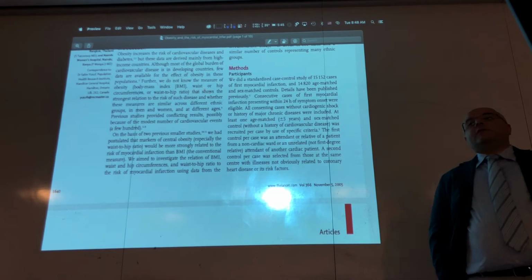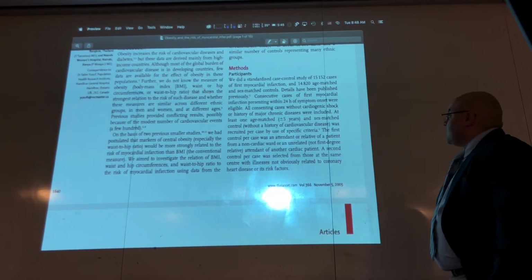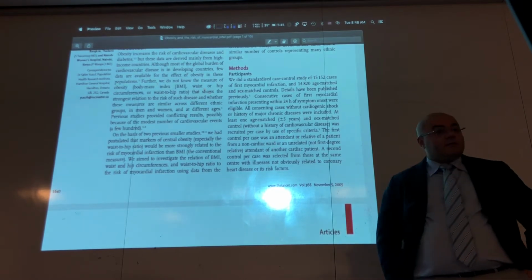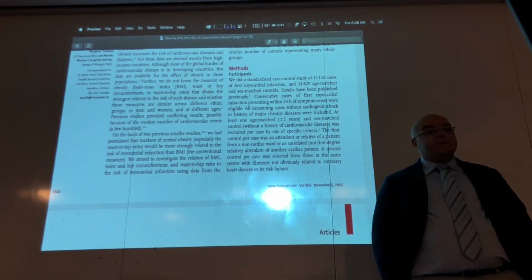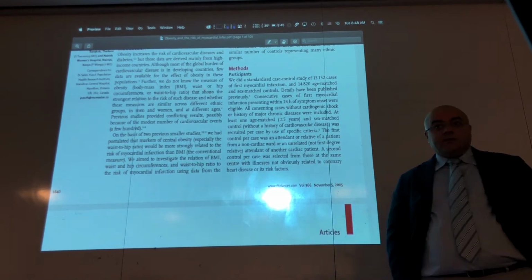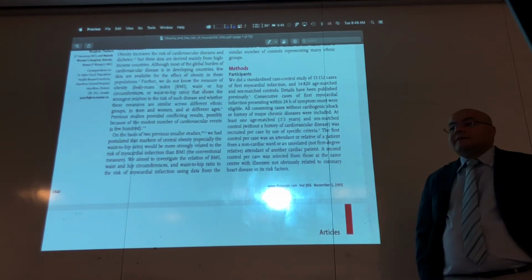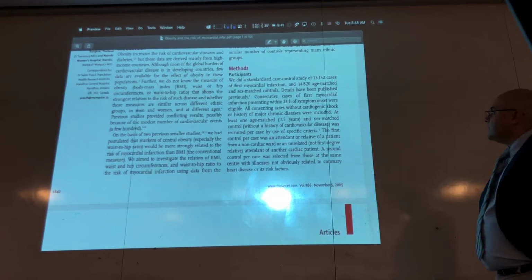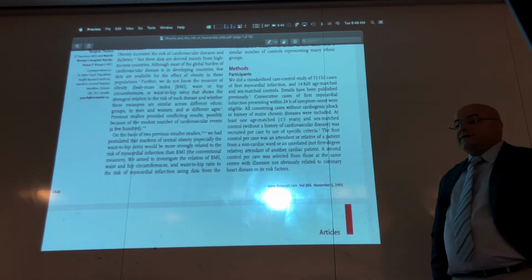Now the most important element, always in case-control and even cohort, is the selection of participants. The first thing they do is define what would be a case and what would be a proper control. So here they put the definition. What is the definition of a case? First myocardial infarction presenting within 24 hours of symptom onset, where eligible.